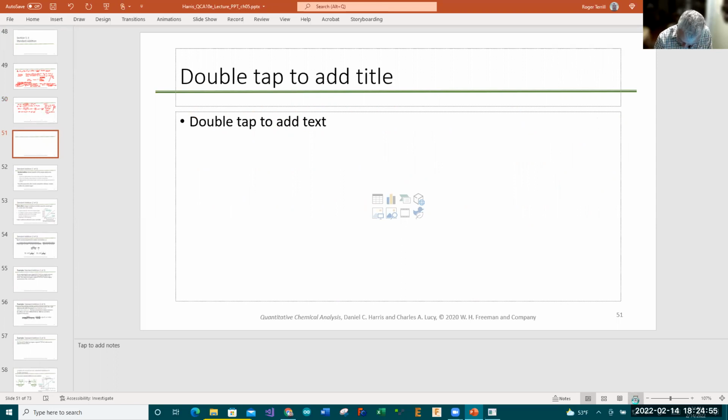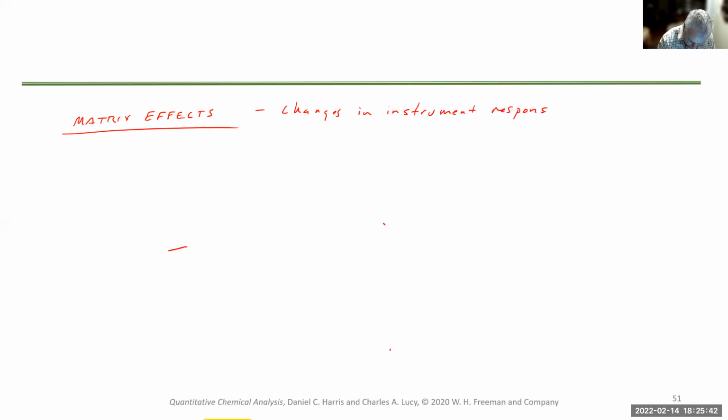So the matrix effects are changes in the instrument response basically due to the sample matrix.